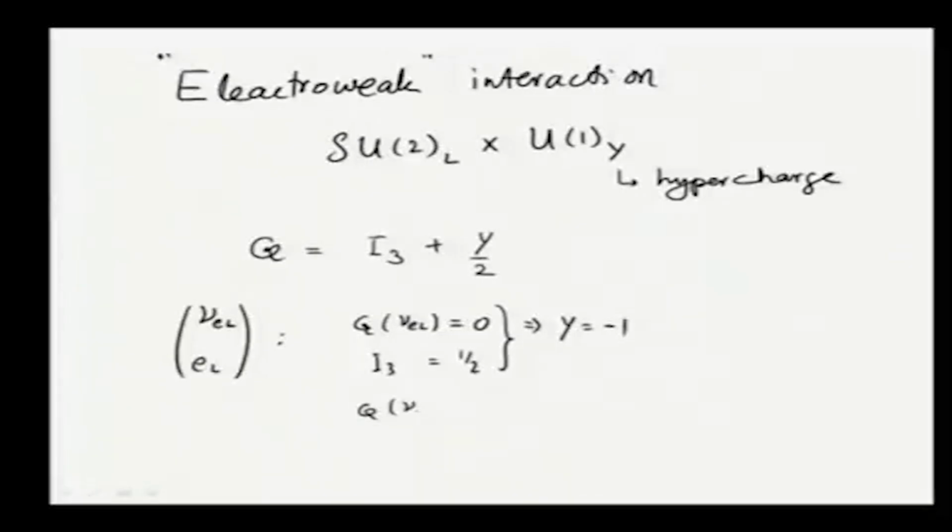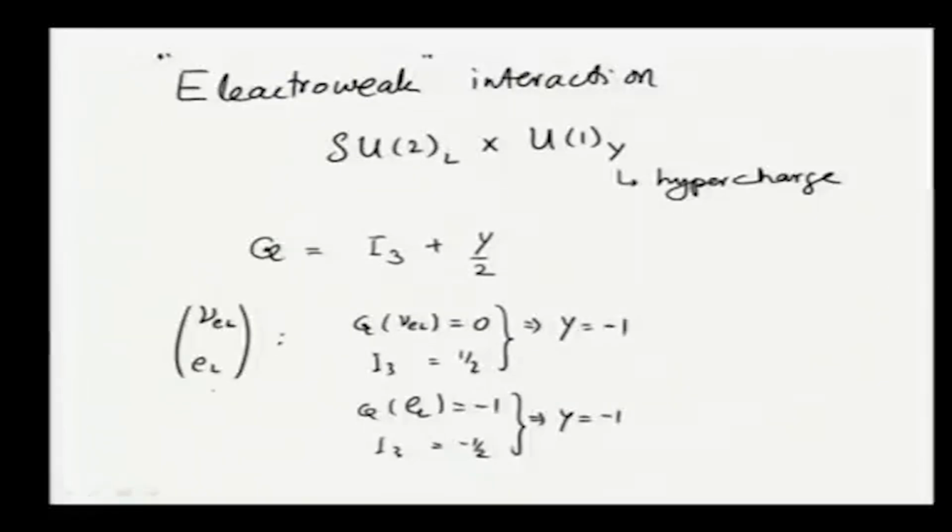Similarly, for electron, Q is known to be equal to minus 1, I3 is equal to minus half, which again gives you y equal to minus 1. This indeed should be so. This is because all the multiplets, SU2 multiplet, will have the same hypercharge y. We will see how y is so when we write down the transformations. This is also the reason that we have written the neutral component as the first component, I3 equal to half, and the negatively charged E as the I3 equal to minus half.